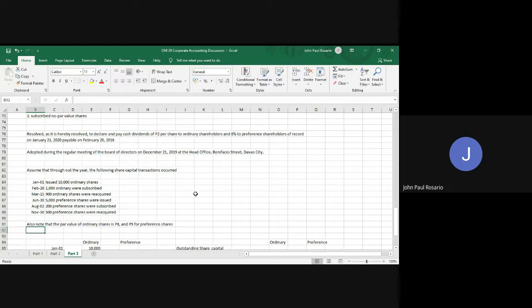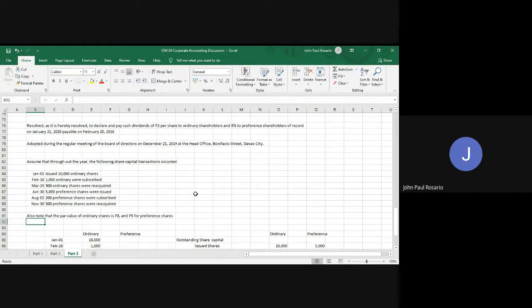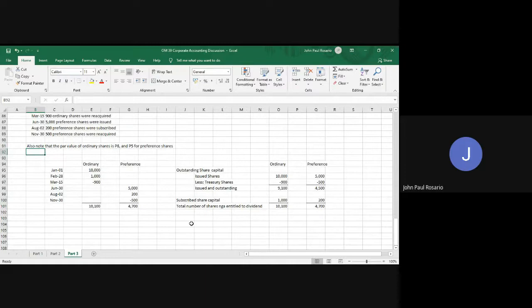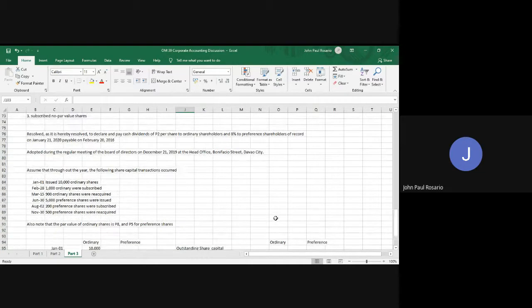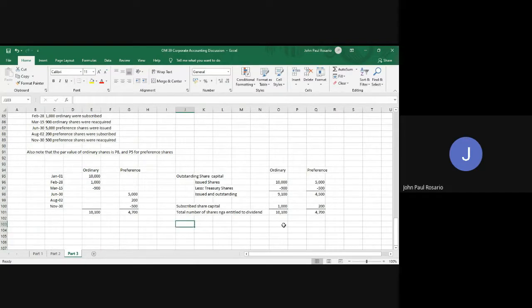So with that, what is our total liability? If you remember, the dividend for ordinary shares is 2 pesos per share, so we multiply by 2 here. Okay? So this is the dividend per share.